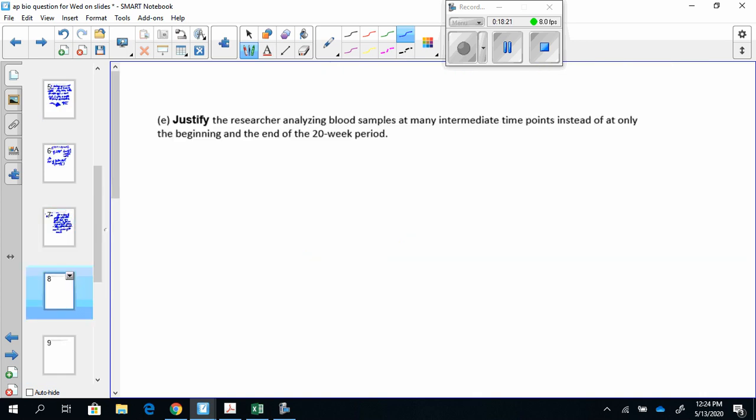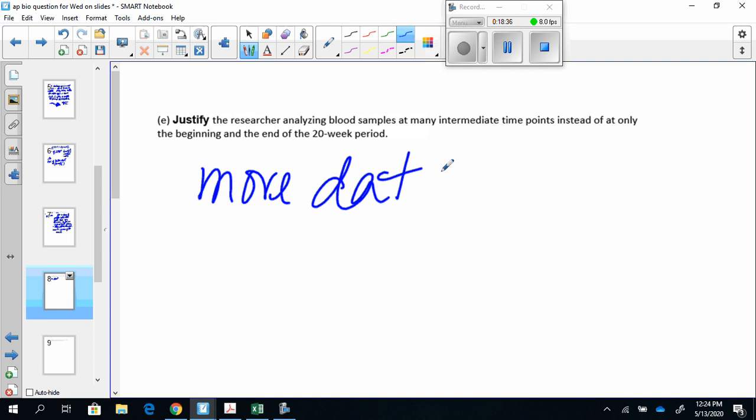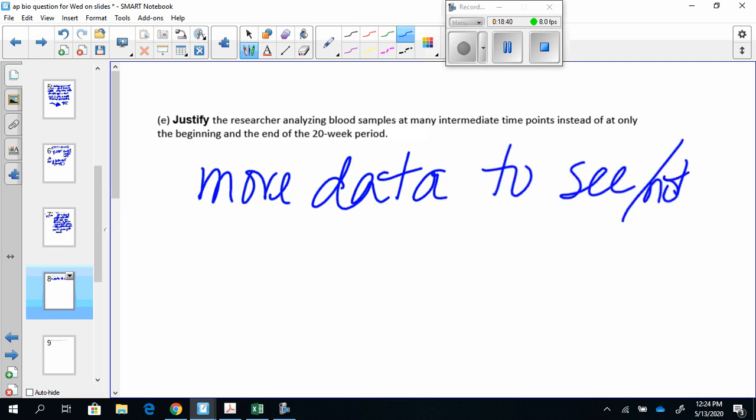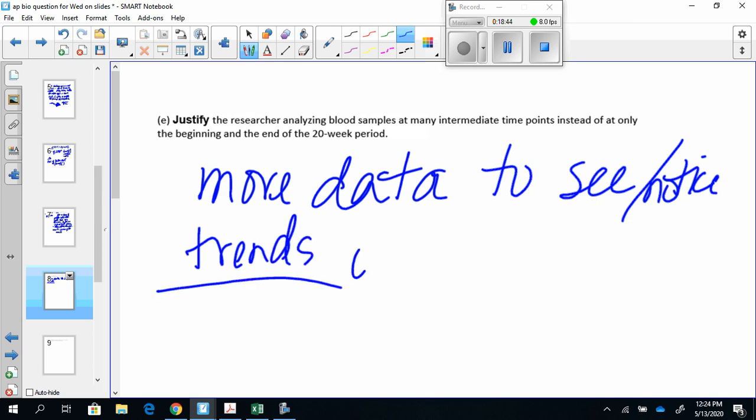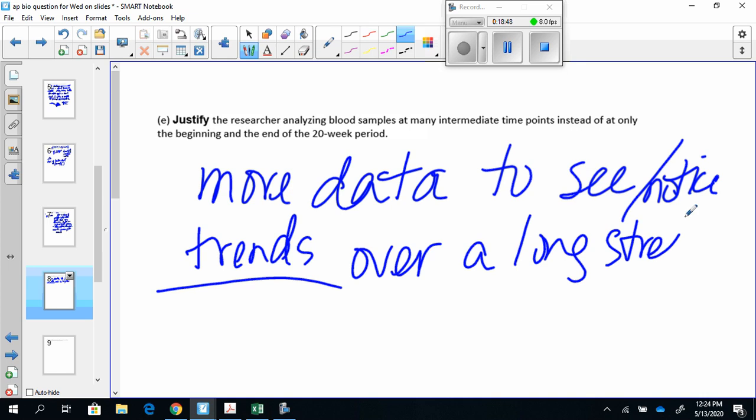All right, next one. Justify the researcher analyzing blood samples at many intermediate time points instead of only at the beginning and the end of the 20-week period. Okay, so if you gather data over many time periods, you're going to have more data to see or notice trends over a long stretch of time.